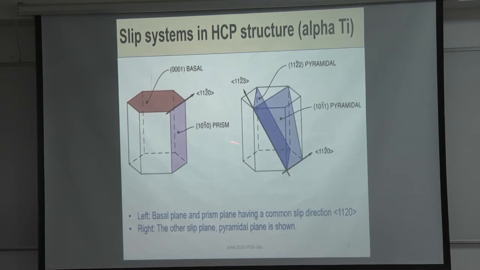If you want to know how to index the prism planes, I do have a set of notes. We can print it out later. Let's make a note of it, how to designate these planes may be useful for some people.